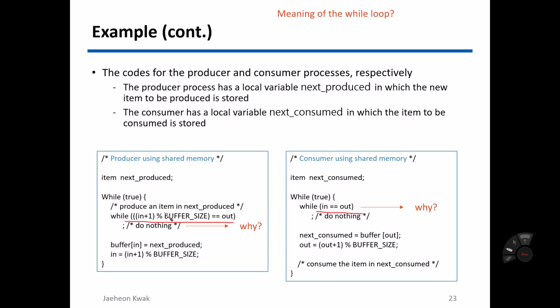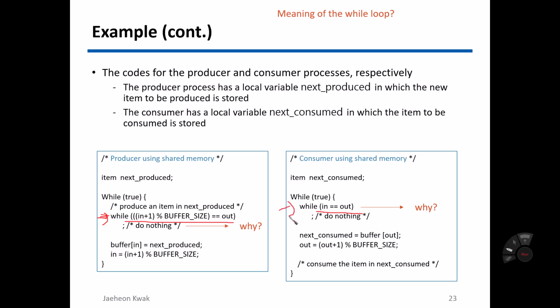So when the buffer is full, we cannot add more data to the buffer. So this loop is for waiting. When the buffer is full, because we cannot add more data, the producer will wait for the consumer to consume the data, so that the buffer does not stay full.